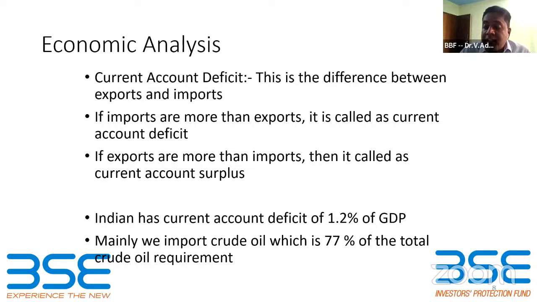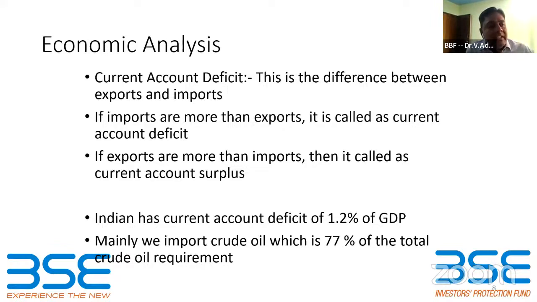As far as India is concerned, friends, we typically always have a current account deficit. The logic is very simple: because of crude oil and gold. These two things we import in huge quantities. Crude oil, we import 77% of our total requirement, and that is the root cause.